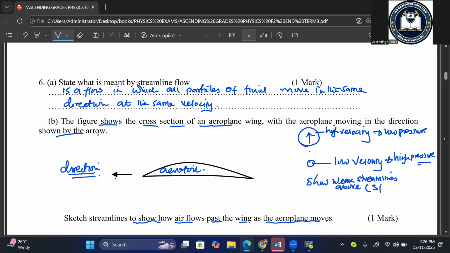Ensure they are spaced. While at the bottom, we show strong streamlines, and this means that they are very close together.